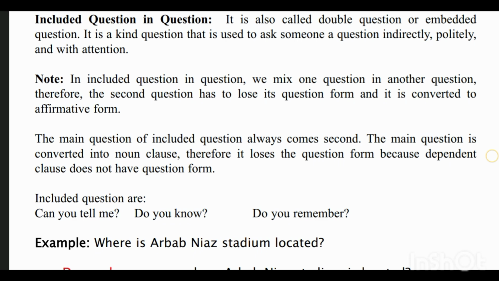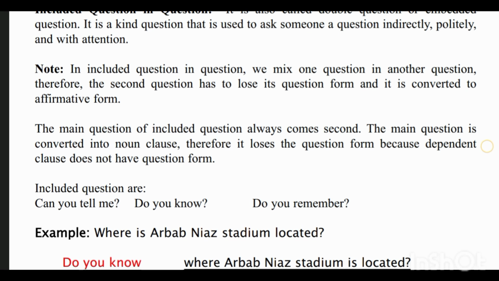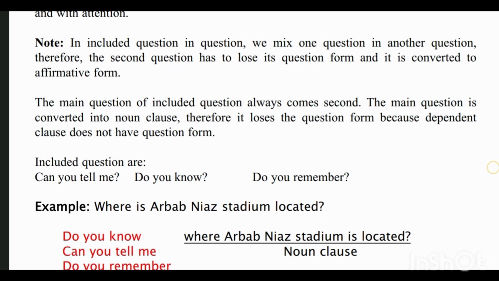The main question of an included question always comes second. The main question is converted into a noun clause. Therefore, it loses the question form because a dependent clause does not have a question form.